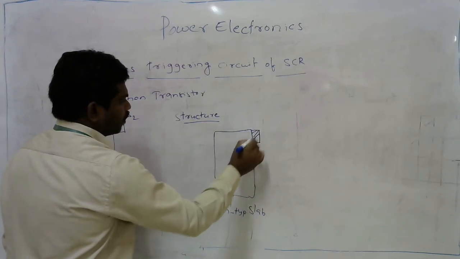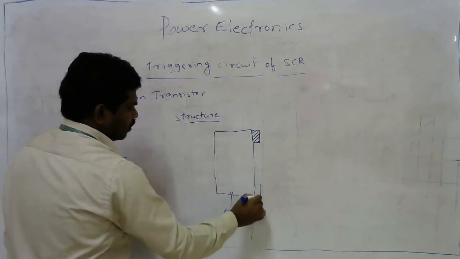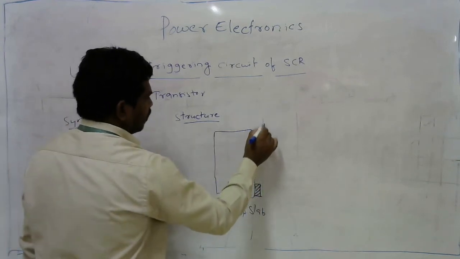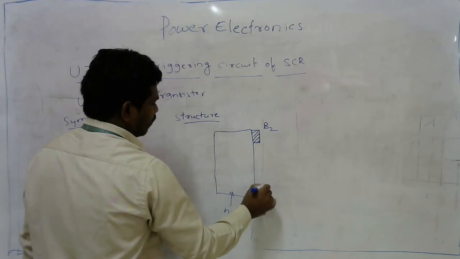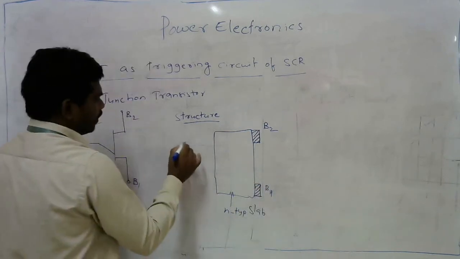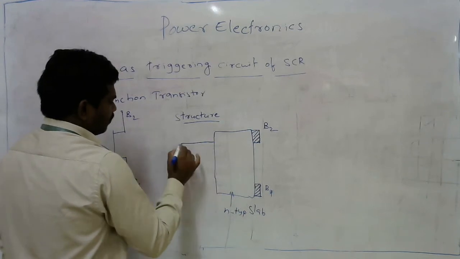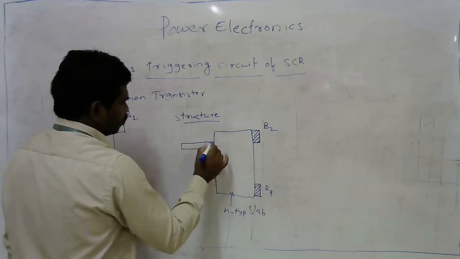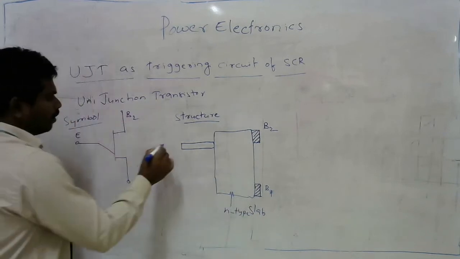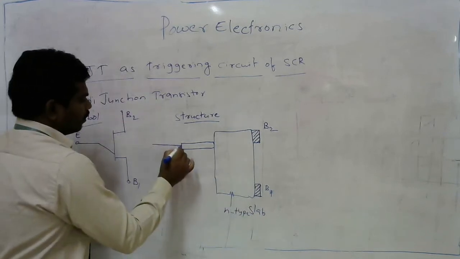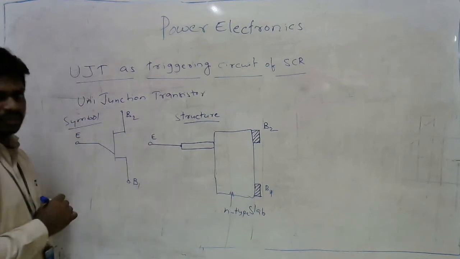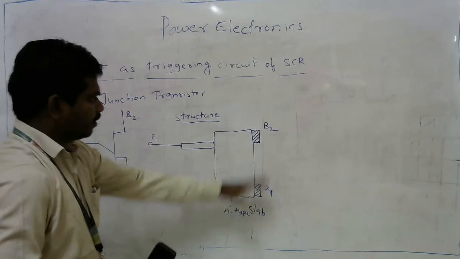This one I am calling B2, and this one I am calling B1. And on this side, we are connecting one aluminum bar to this N-type slab, and there is one terminal called emitter. This is the structure of UJT.